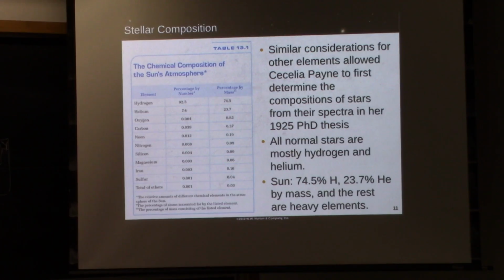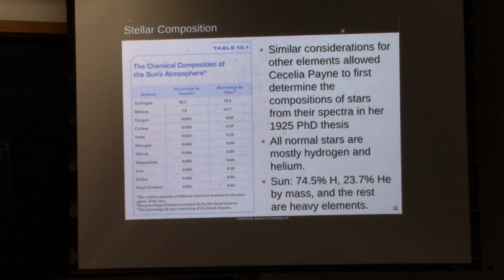A helium atom is 2 protons, 2 neutrons, 2 electrons, and neutrons and protons are about the same mass as one another. So a helium-4 nucleus is roughly 4 times the mass of a hydrogen nucleus. And so that means you need more hydrogen atoms to produce the same amount of mass as you do helium atoms. And you need more helium atoms to produce the same amount of mass as you do oxygen atoms, for example.